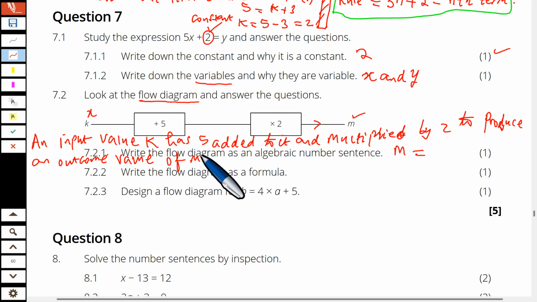Okay, so look at the next question. What is the next question? The next question is write the flow diagram as a formula.